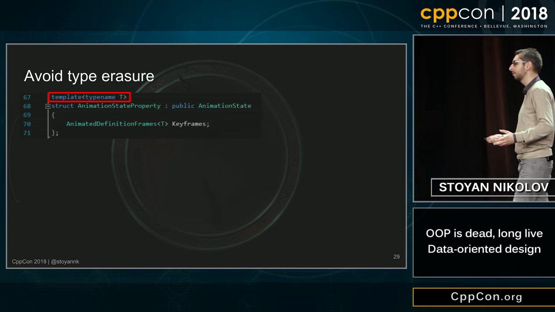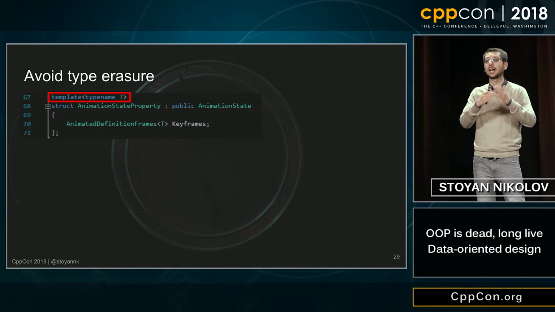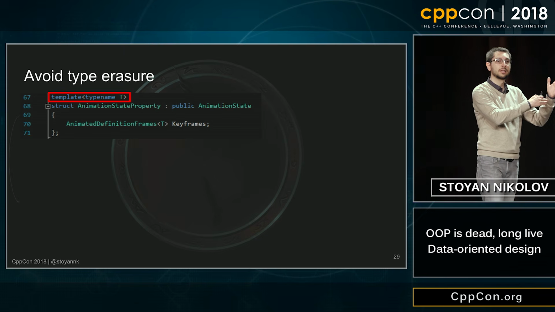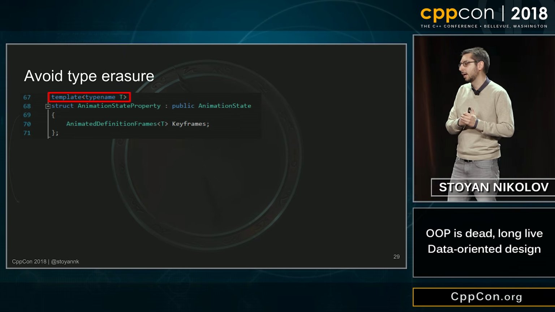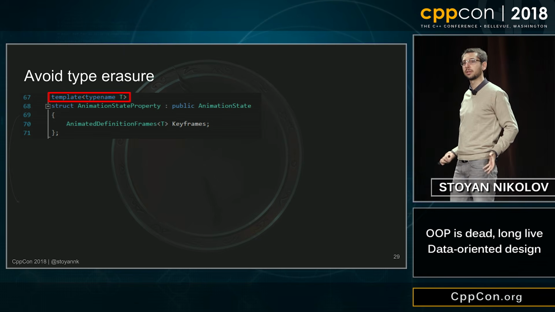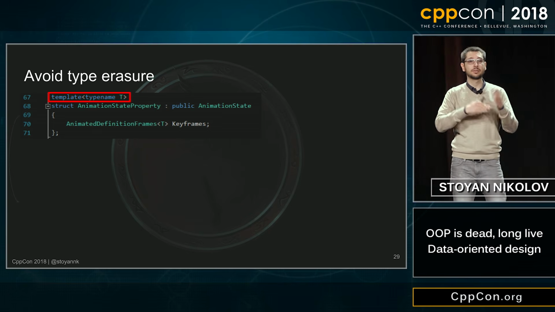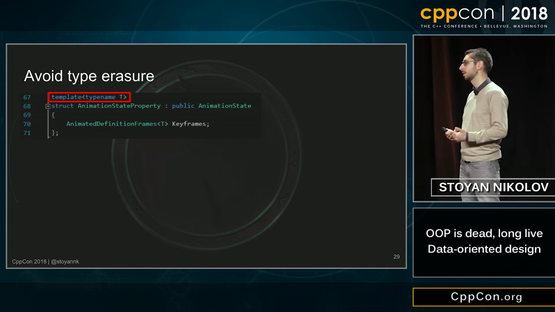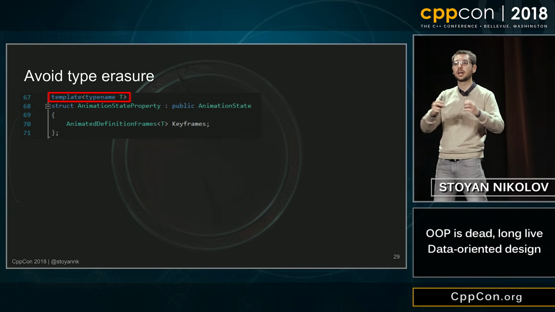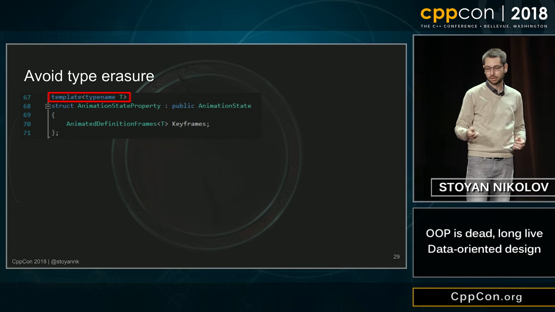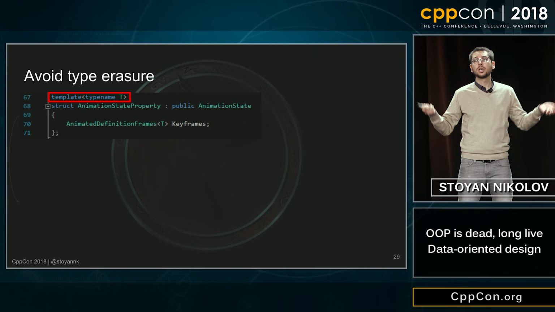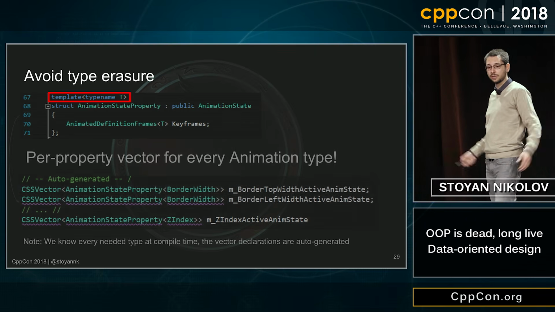So we now have different types templated by the animation keyframe, and we would like to iterate over them to run the animation. However, obviously they have different sizes in memory, so we cannot put them in a nice, neat vector and walk it over. But as I said, we know each one of them, so what we can do is very simple.